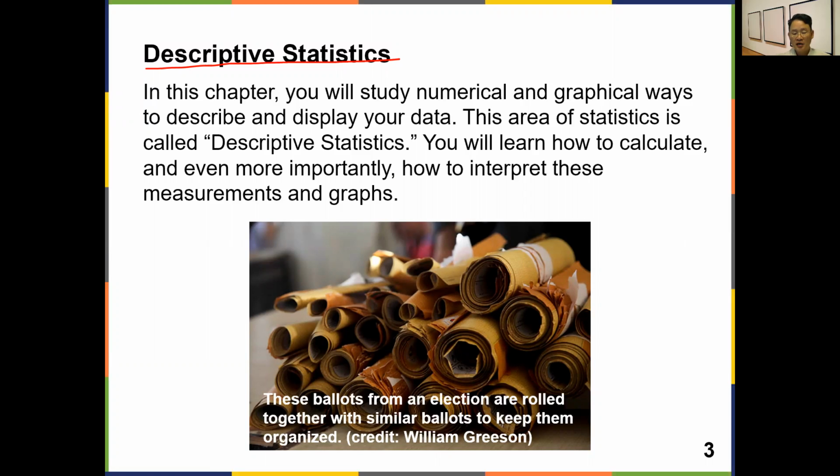You make an educated guess. You make a prediction. That's inferential statistics. But descriptive statistics, as the name suggests, you describe what's out there. You don't make a decision. You don't make a suggestion. You just simply describe what's out there, right?